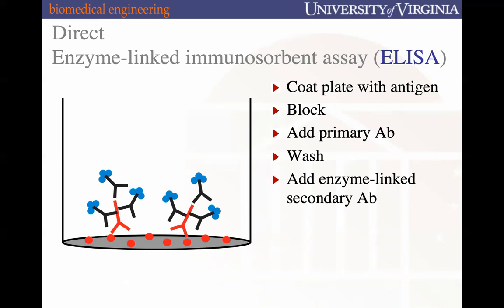So what we want to try and do is eliminate as much of the unbound, conjugated materials as possible. This step is actually a good example. We just added our enzyme-linked secondary antibody. As I mentioned before, these wells are treated and will want to bind to proteins.